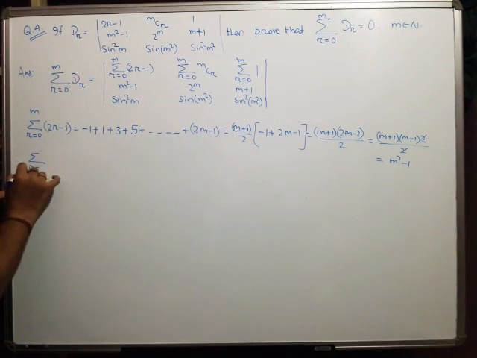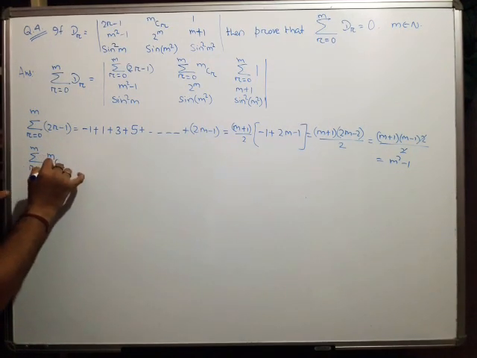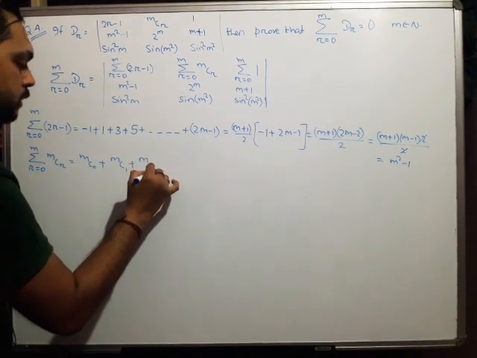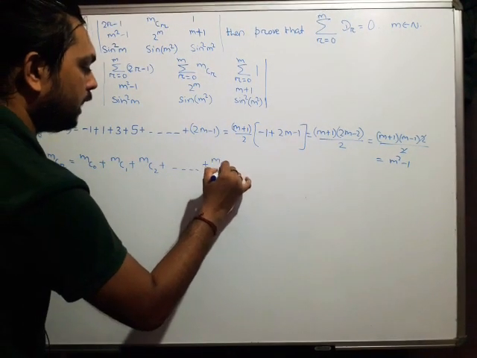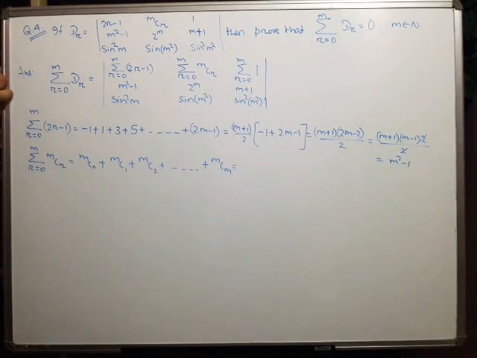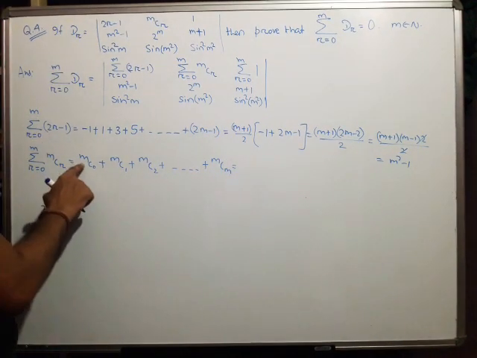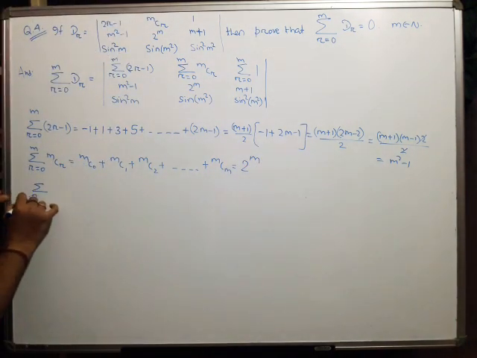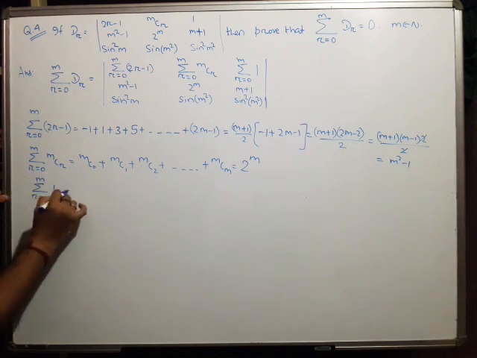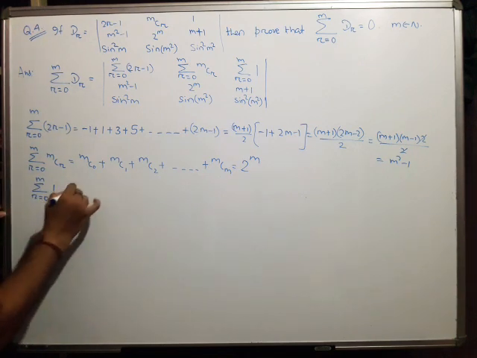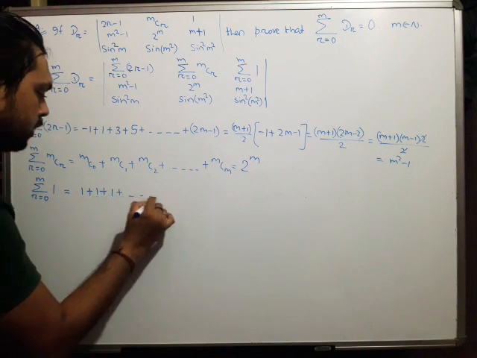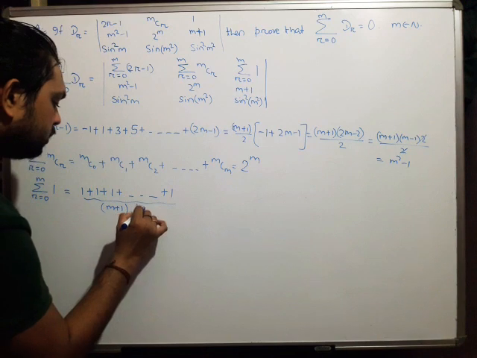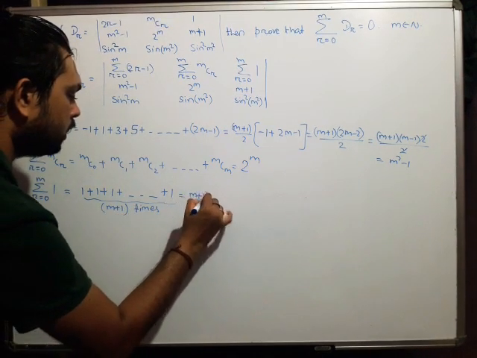Again, the sum r equals 0 to m of mCr will be mC0 plus mC1 plus mC2 and so on, the last term being mCm. In the binomial theorem you have studied that the value of this sum will be 2 to the power m. Next is the sum r equals 0 to m of 1. This is very easy, we just have to add 1 m plus 1 times, so this will be equal to m plus 1.